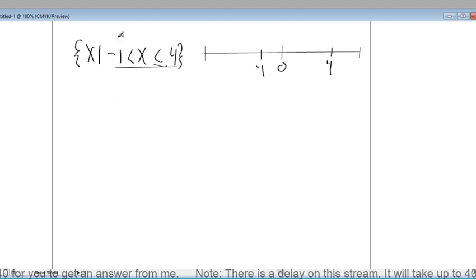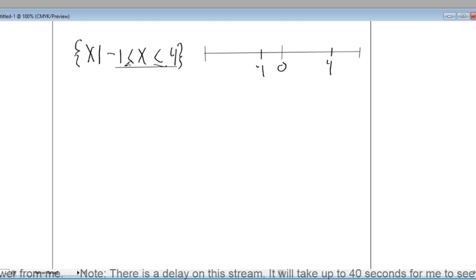So, first look at just this part. -1 is less than x. There's no equal to there. It's just -1 is less than x. So because there's no equal to between these two, -1 cannot be equal to. It's not part of our solutions. It starts there, but isn't included.